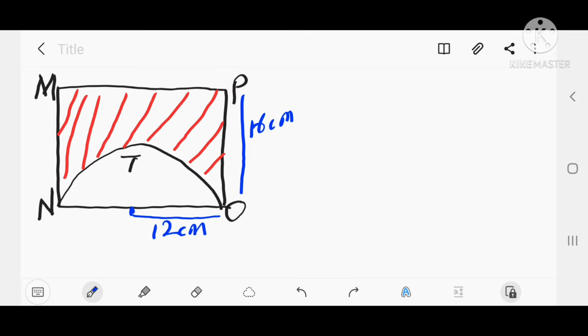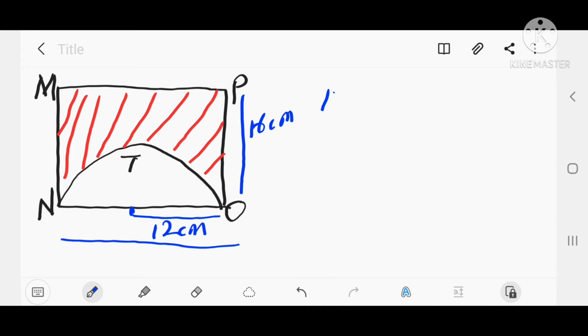So what we do now is to find the length of the rectangle, since we have to find the area of MNOP, which is the rectangle. We realize that the radius, as shown in the diagram, is 12 centimeters. So the length NO, from here to here, will be twice the radius.